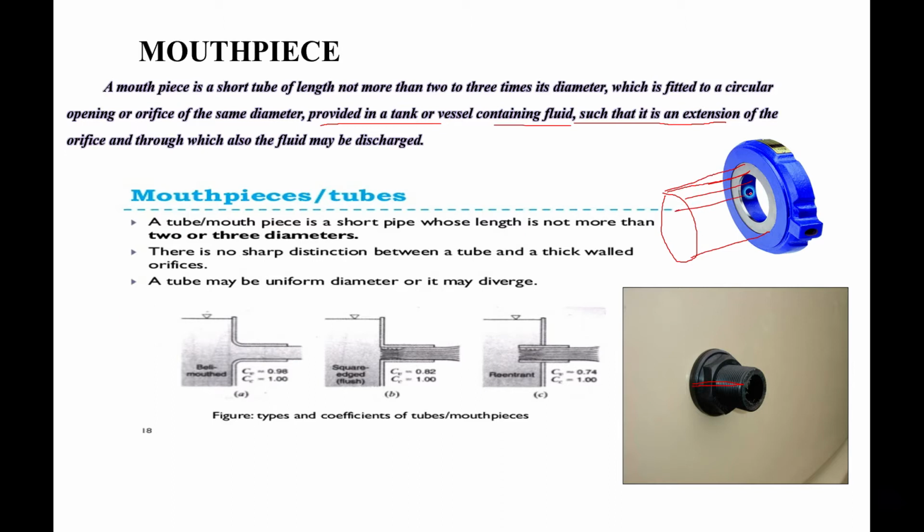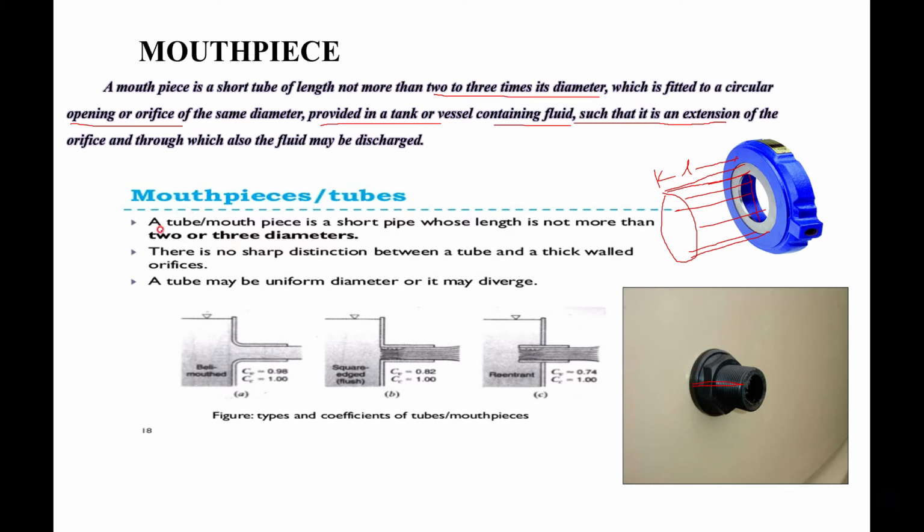The length of the tube will be 2 to 3 times its diameter, meaning the diameter of the orifice. If it is a rectangular or square shape, it can be taken as the depth. So it is called a mouthpiece, and this is also used for measuring the discharge through a tank.